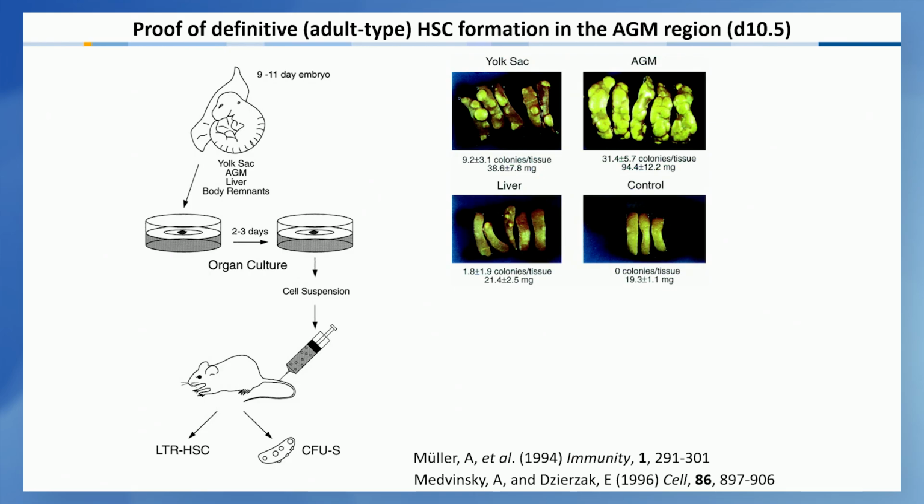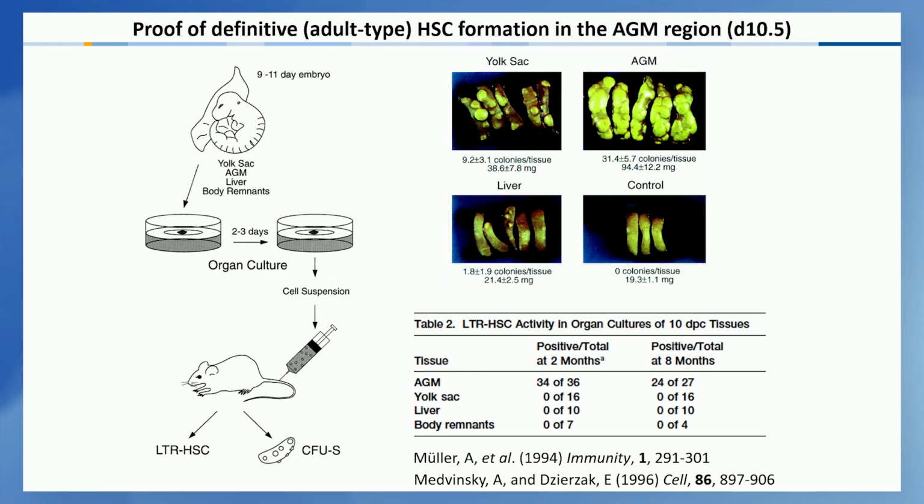Using a yolk sac, you see some bumpy structures, whereas a control without anything has smooth spleens. The AGM region is full of those. And looking at long-term repopulation, meaning that after transplantation of a mouse you find blood formation for the rest of the life of the mouse, they only got long-term repopulating hematopoietic stem cell activity, LTR-HSC activity, when they used cells of the AGM region.